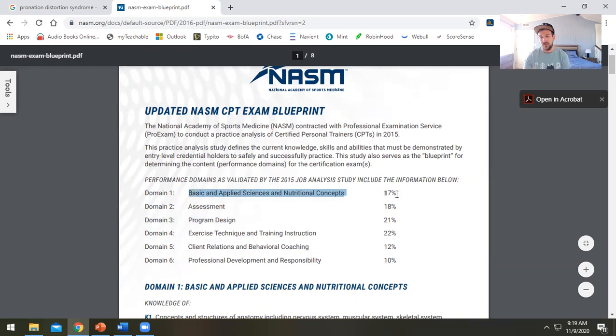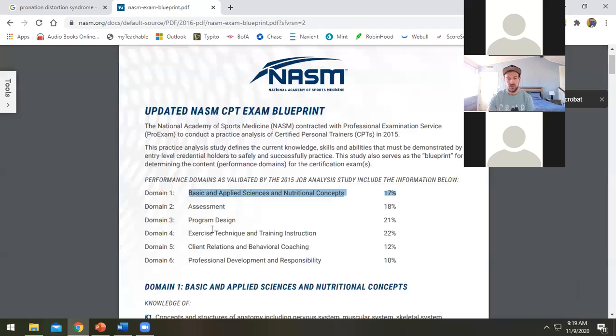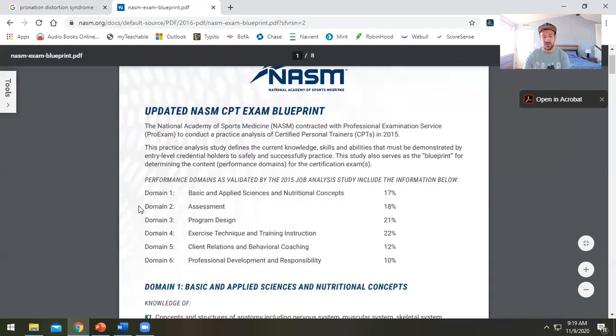So the science stuff, 17%. That's 17 questions. The assessment stuff, which is what we're doing in this class, 18 questions. Program design and exercise technique looks like 2 categories, but they're 1 category. So that's 43 questions. Most of the questions are, how many reps do you give your client?